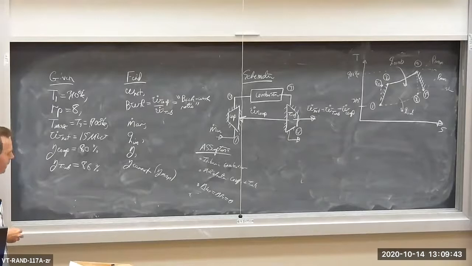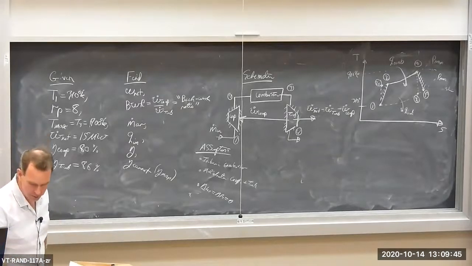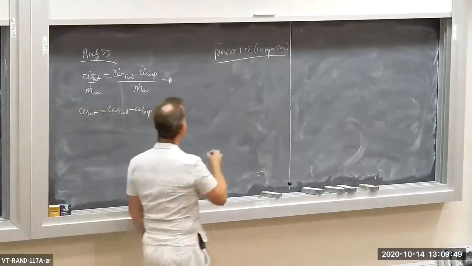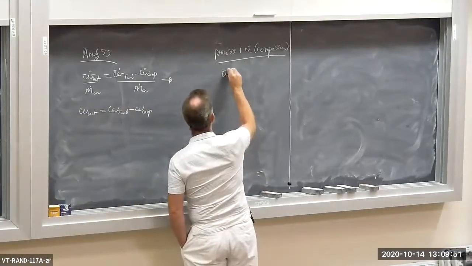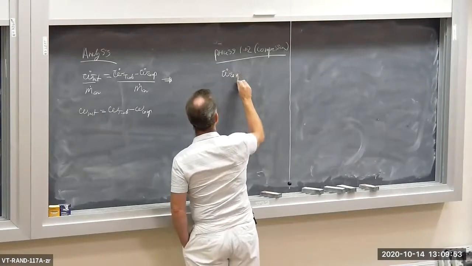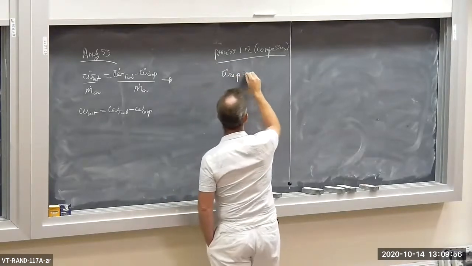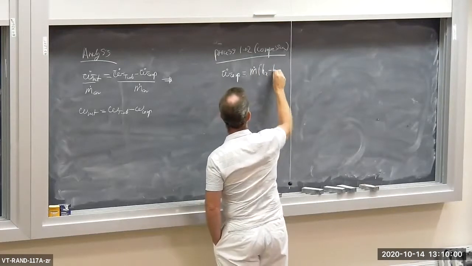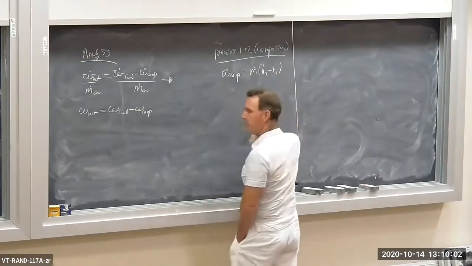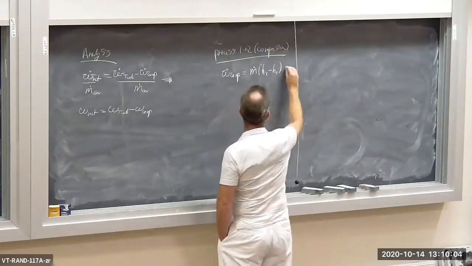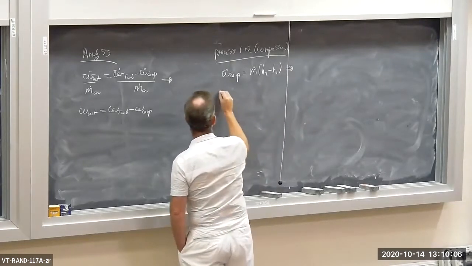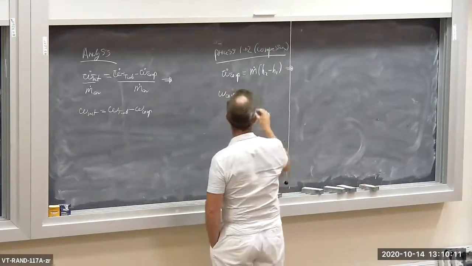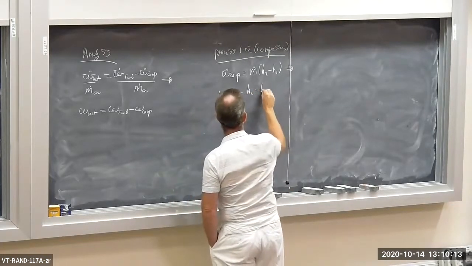If I do all that, I get an open system energy balance yielding W dot compressor is equal to m dot (H2 minus H1). Now I can divide both sides by m dot, and I get specific compressor work is equal to H2 minus H1.